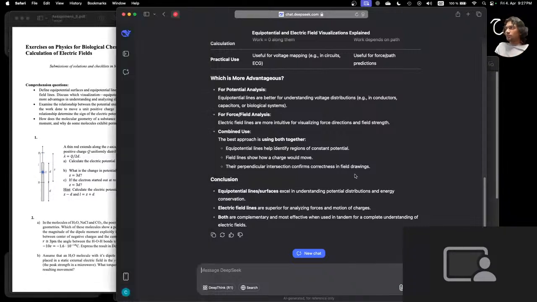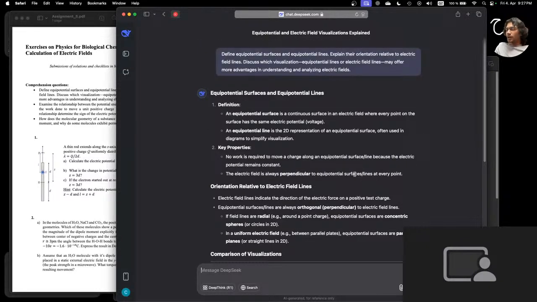So what is an equipotential surface? An equipotential surface is a continuous surface in an electric field where every point on the surface has the same electric potential.